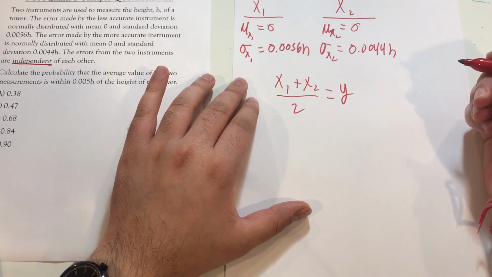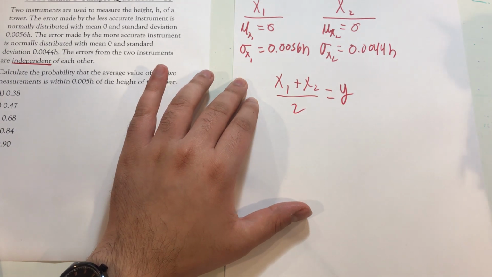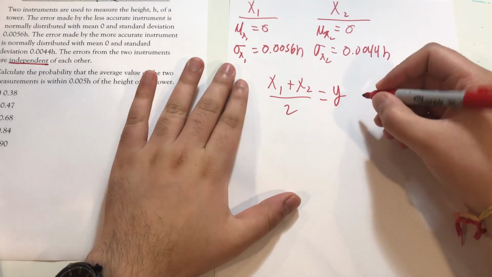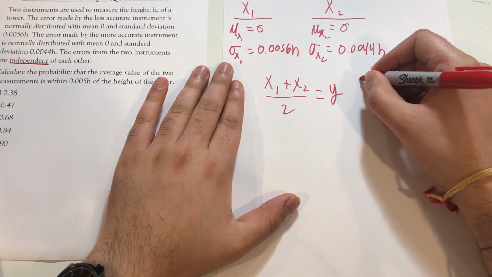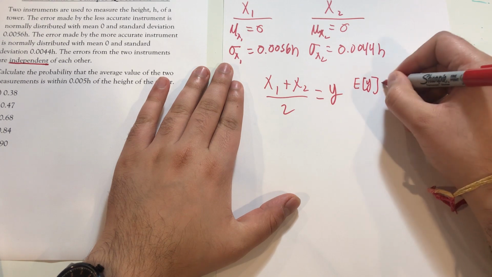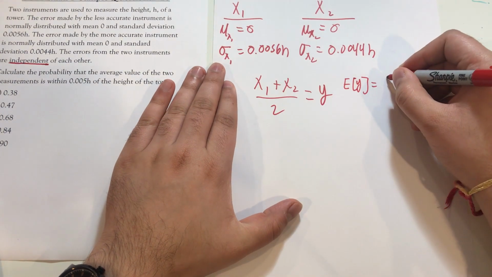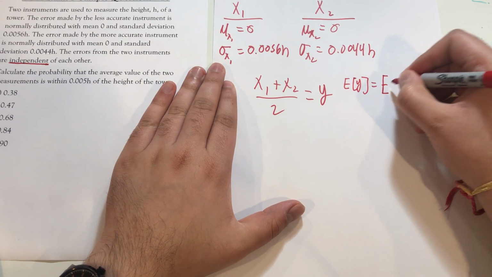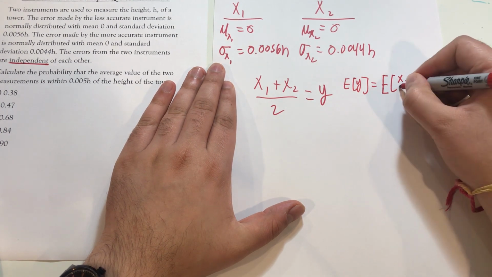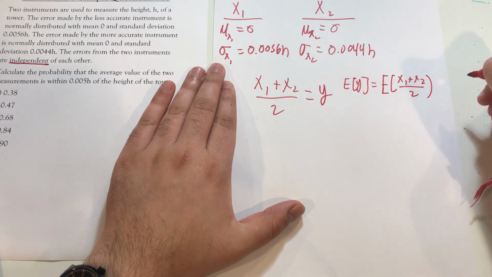So what is the mean of Y? Well, the mean of Y should be the sum of each independent thing. So the expected value of Y is equal to the expected value of (X1 plus X2) over 2.